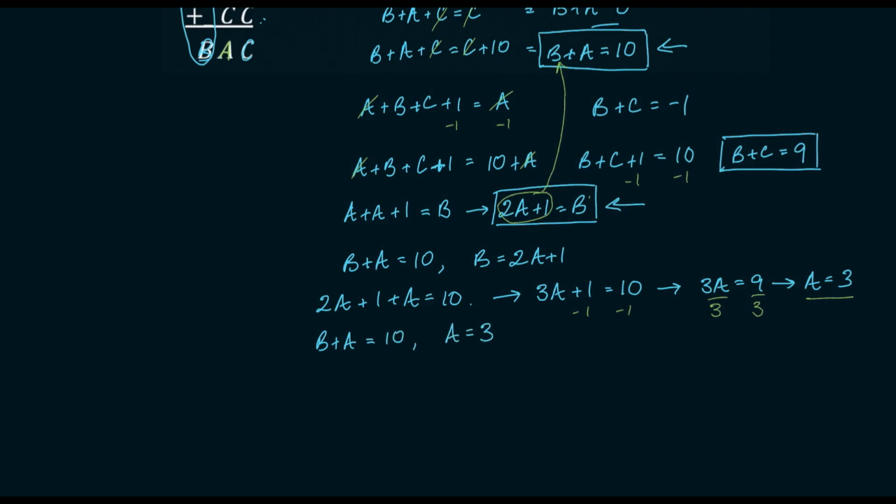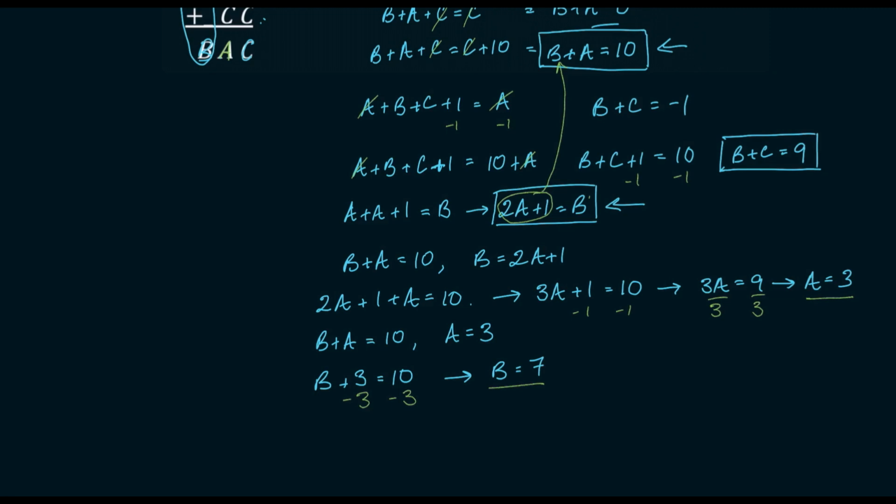So we can say B plus 3 is equal to 10. And when we subtract 3 from both sides, we get that B is equal to 7. Alright, we got our second value. We just need to find C.